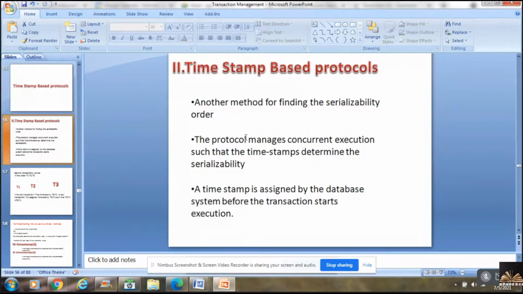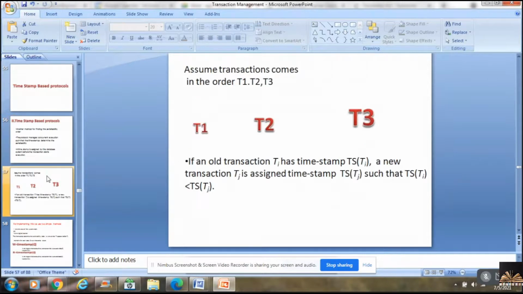Usually this method goes with a timestamp being assigned to the transaction. As an example, assume there are 3 transactions, T1, T2, T3. T1 entered first, T2 came next, T3 came after that.